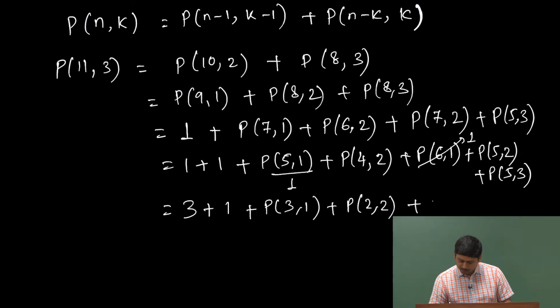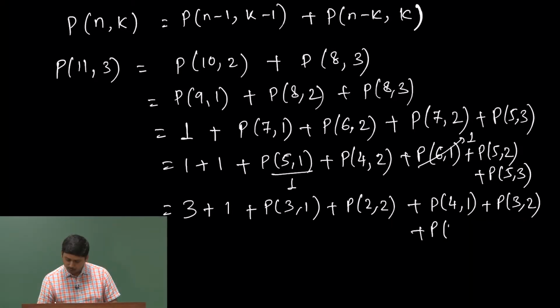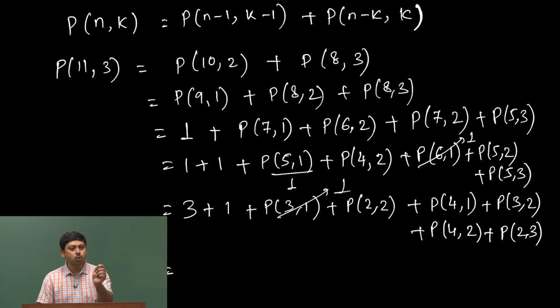Now, P 5 2 can be written as P 4 1 plus P 3 2, and P 5 3 can be written as P 4 2 plus P 2 3. Now, that will be interesting. You see P 3 1 is also 1, P 2 2, that means integer 2 dividing into 2 parts, is only one way.